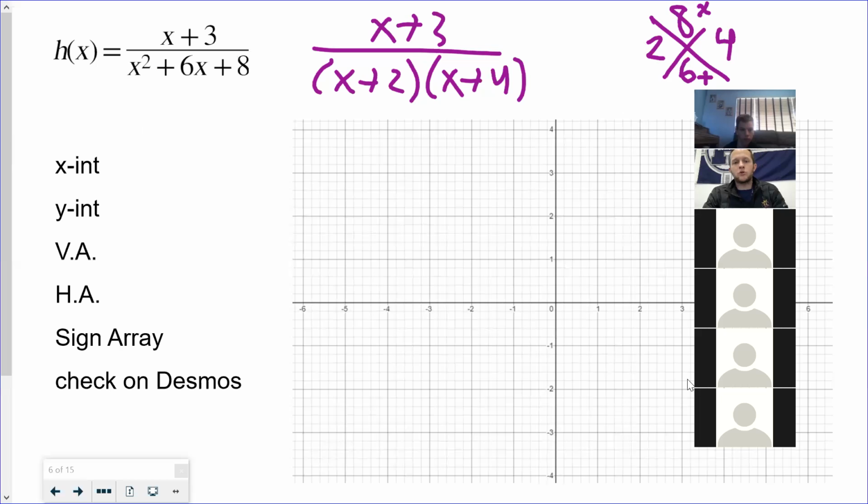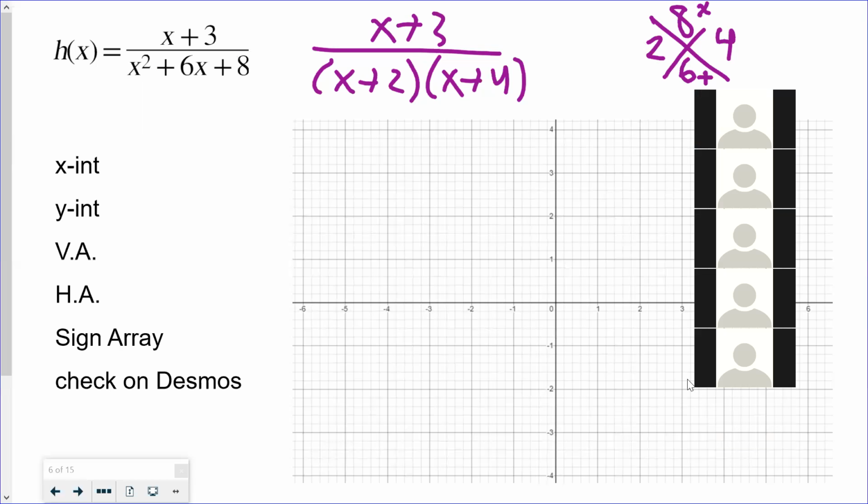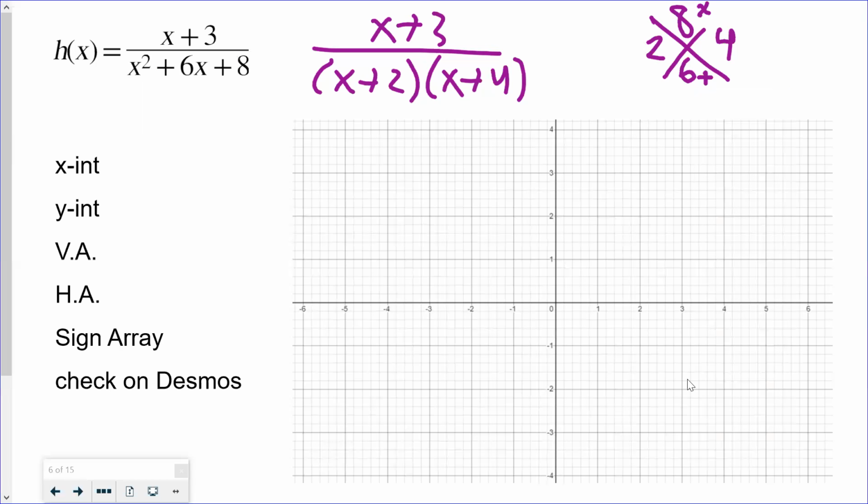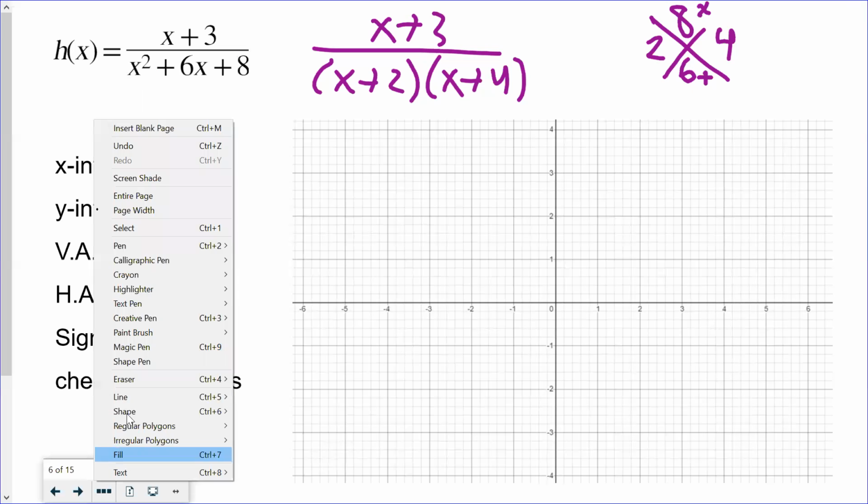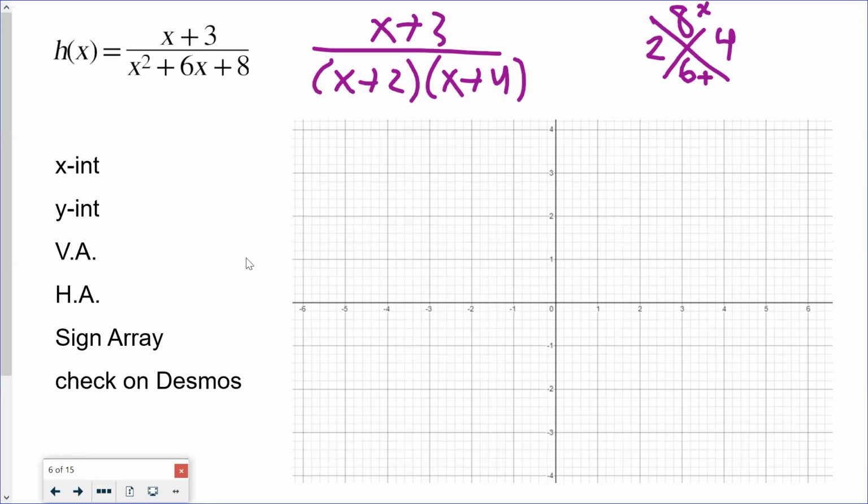All right, cool. Let's go to Mindy. Mindy, tell me as much as you can about this. So the x-intercept is -3, and the y-intercept is 3 over 8.